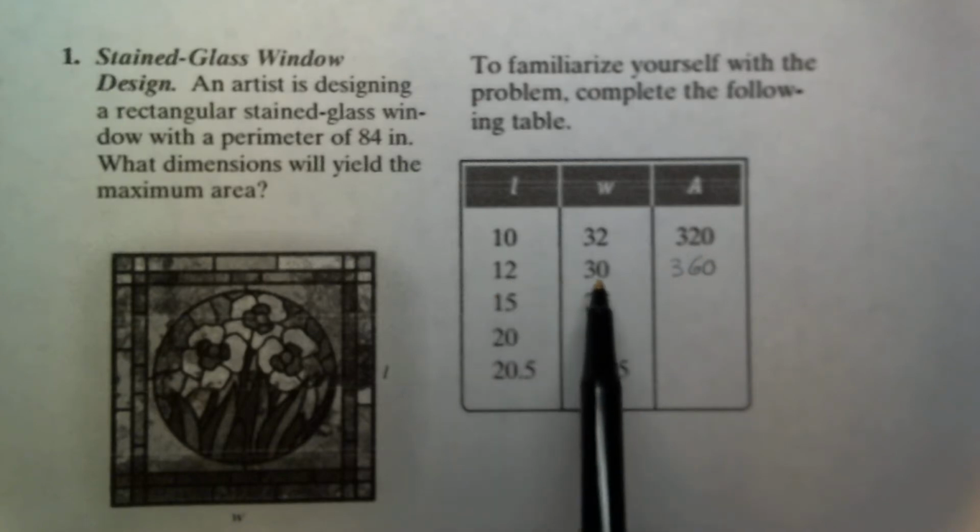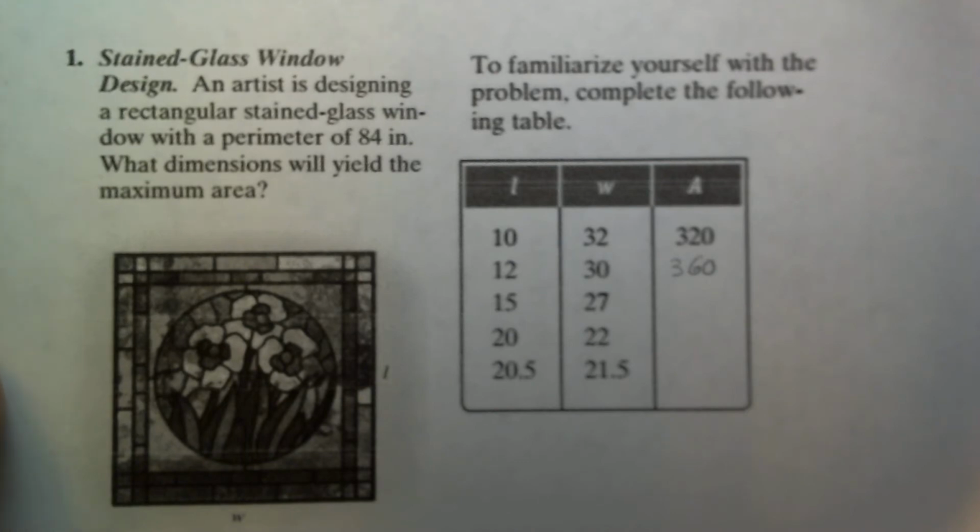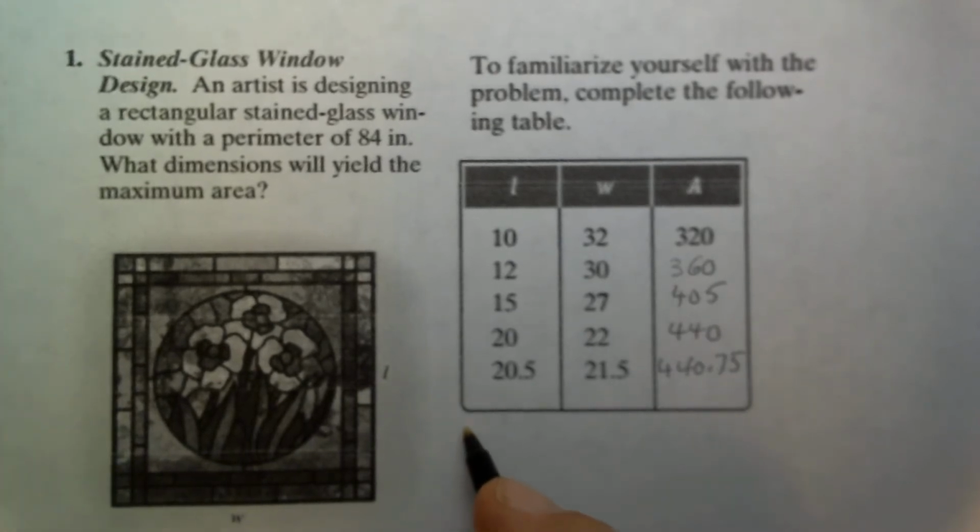A 12 by 30 gives us 360 square inches, and so on. Of course, for each case, we have to have that 2 times the length plus 2 times the width has to equal 84. Other than that, we can choose any values for L and W.